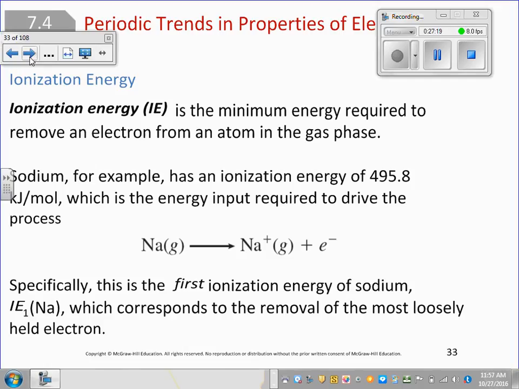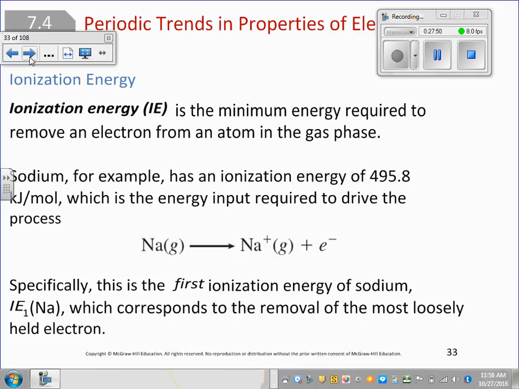Now, going left to right. Again, sodium. So she's holding on, right? One electron. So I've got to pull it away. We go to magnesium. Even though it has 3s2, so there's two electrons, they're both the same distance away from the nucleus. What did the nucleus get when we went from sodium to magnesium?